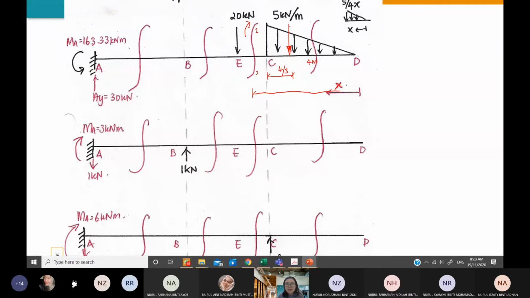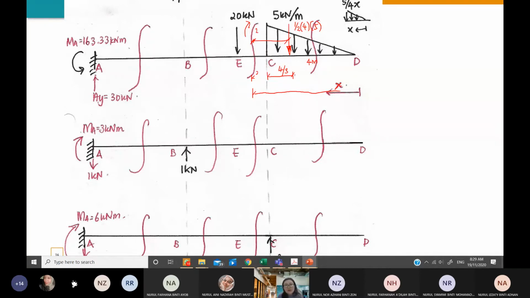And to get the point load here, to represent this triangle load as a point load, it will be the area: half of the base, multiplied with the height. Okay, so these will be your necessary inputs. But we want this distance, right? It's not this 4/3. How much is that distance?